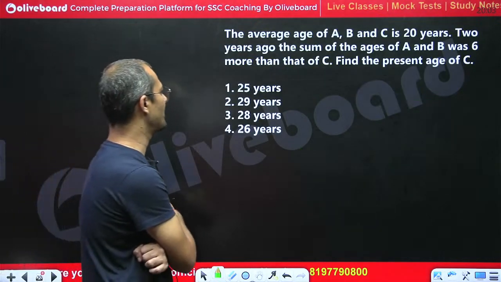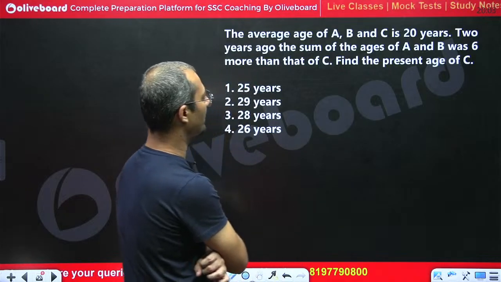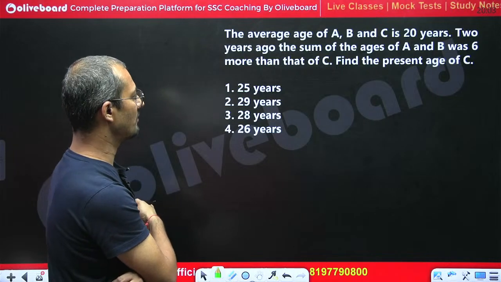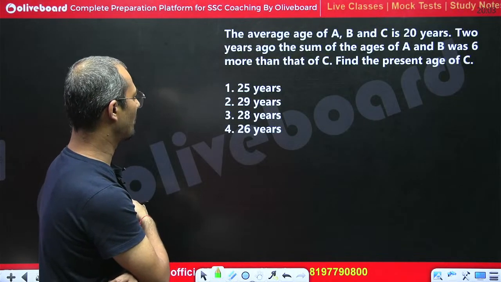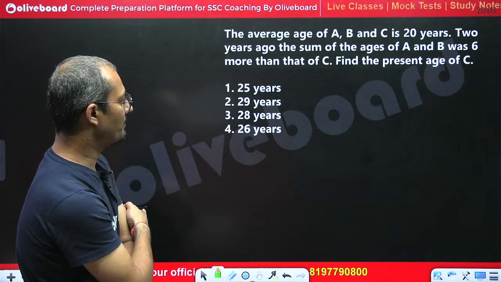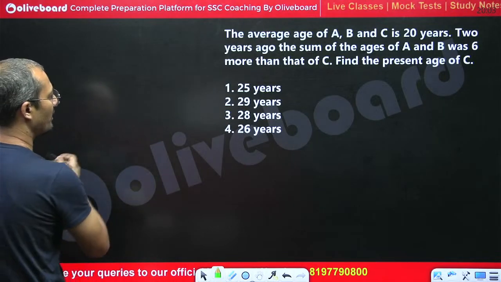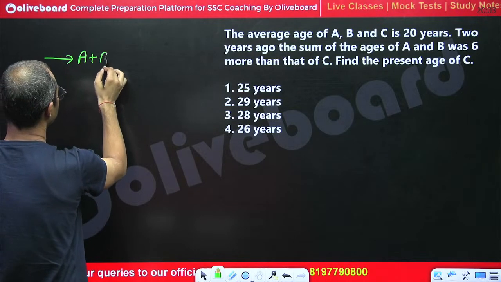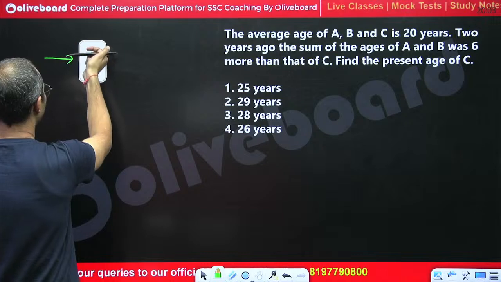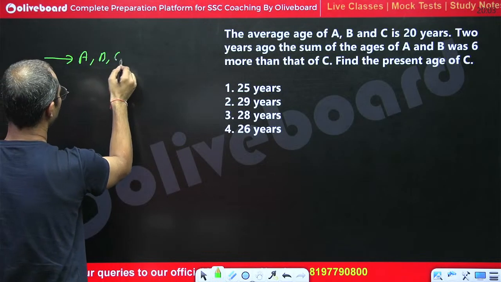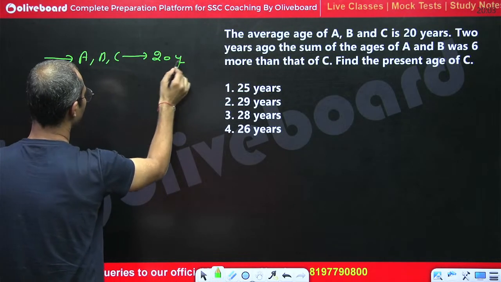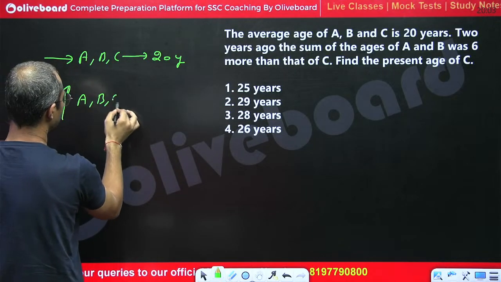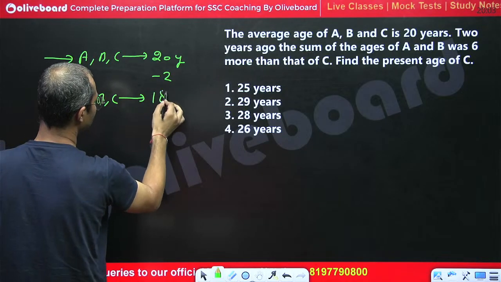Now the next question is saying the average age of A, B, C is 20 years. 2 years ago the sum of the ages of A and B was 6 more than the age of C. Find the present age of C. See, if the average of A, B, C in present is 20 years, it means 2 years before, the average of A, B and C would be 18 years, right?